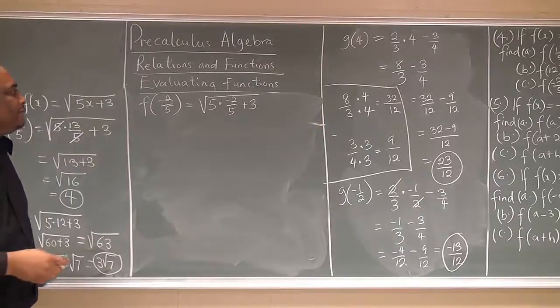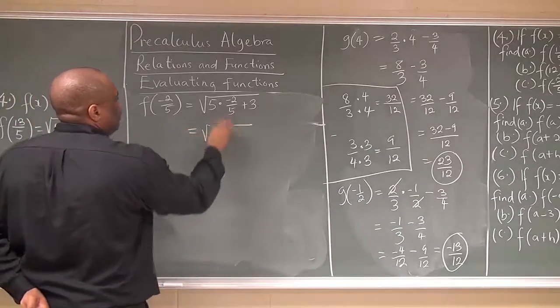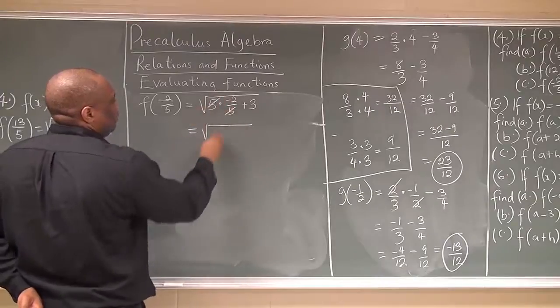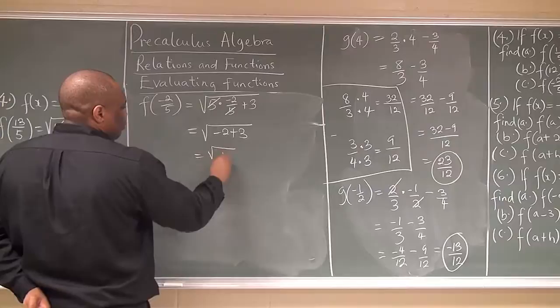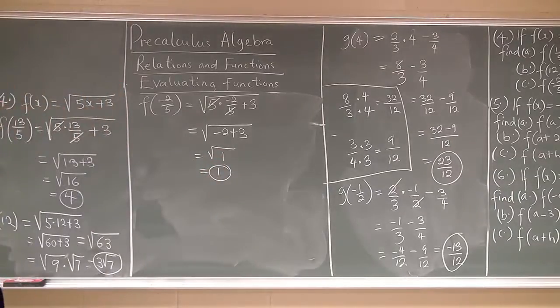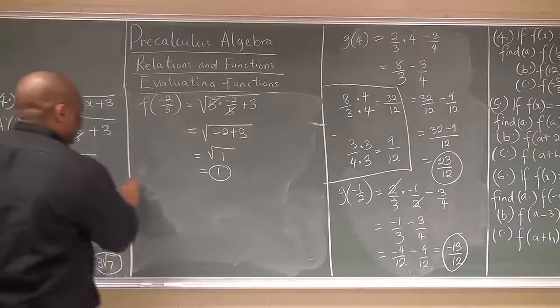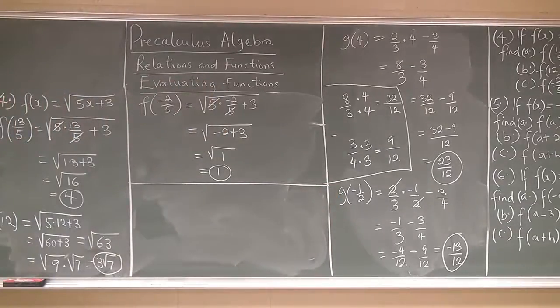And that will give you square root of, 5 divided by 5 is gone, negative 2 plus 3. And that will give you square root of 1, and that is 1. Okay? We finished number 4. Number 5.